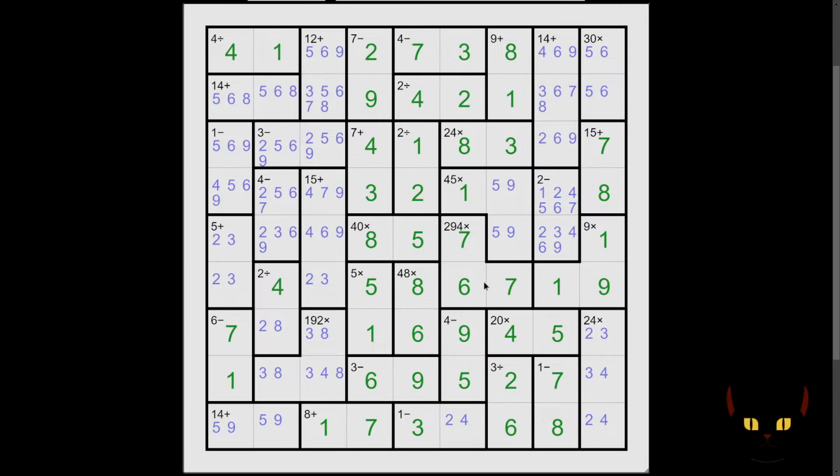Haven't explicitly found the mistake yet. Maybe we backtracked far enough to get rid of the mistake.